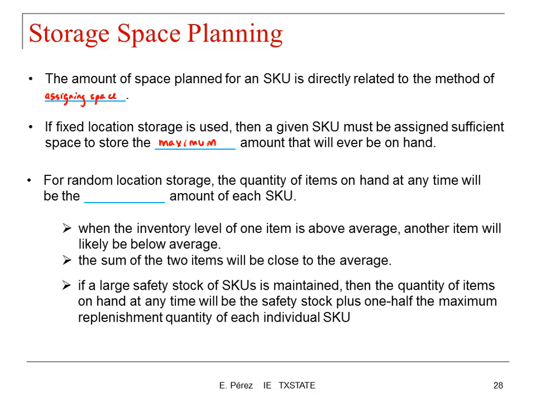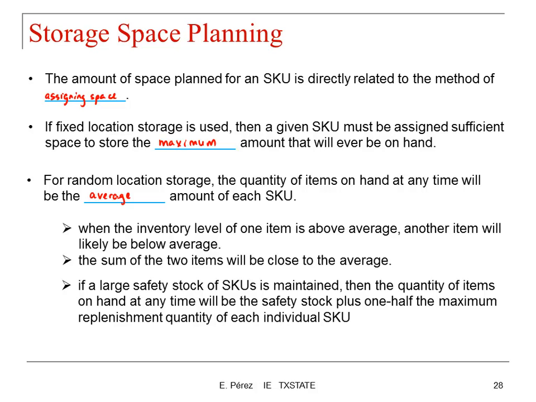For random location storage, the quantity of items on hand at any time will be the average amount of each SKU. So for fixed location storage, sufficient space to store the maximum amount that will ever be on hand will be your design requirement.